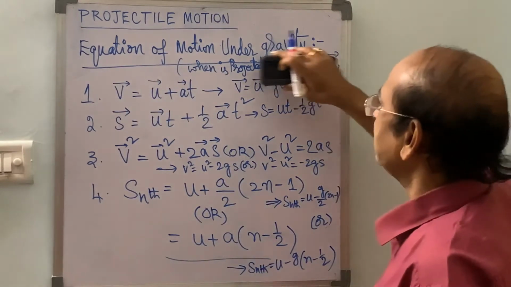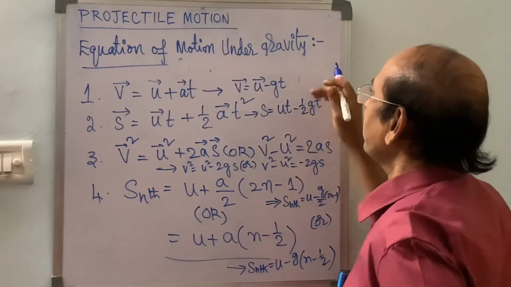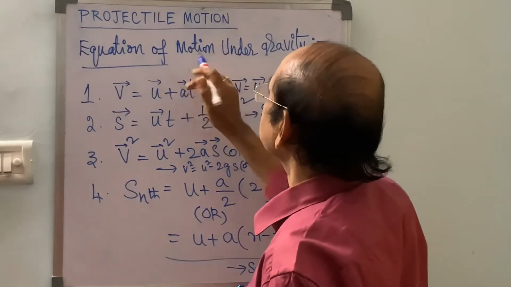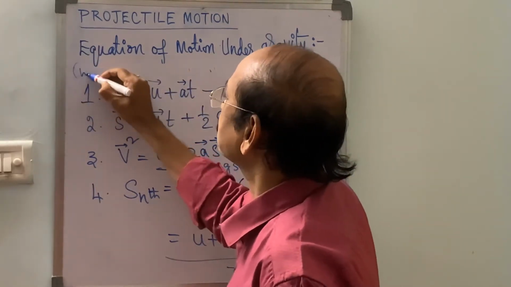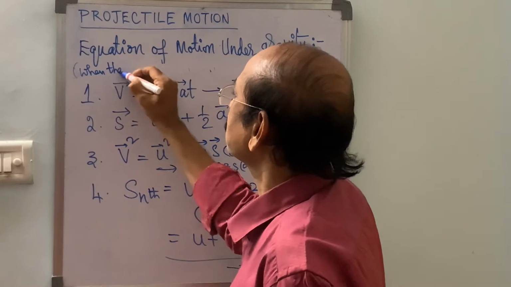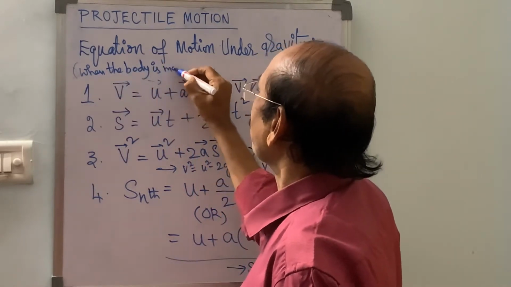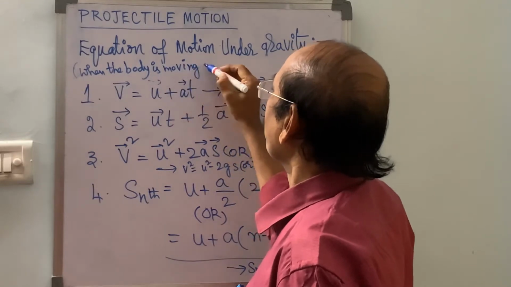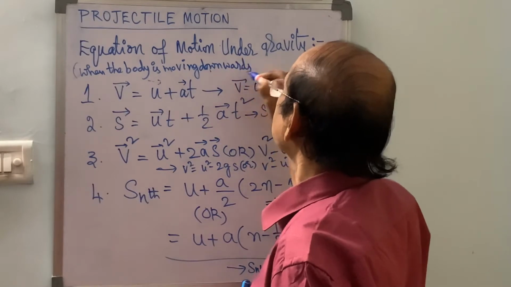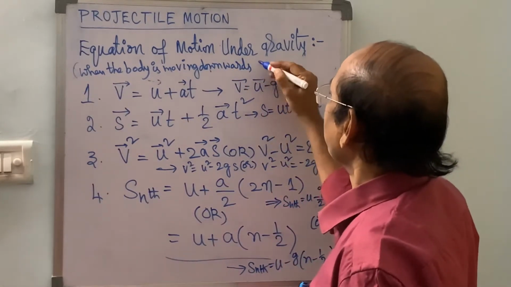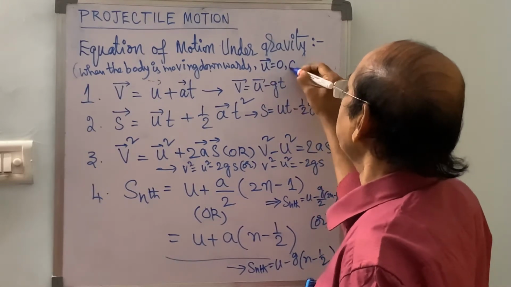Therefore, when the body is returning to the earth, moving downwards, u equal to initial velocity 0 at maximum height.